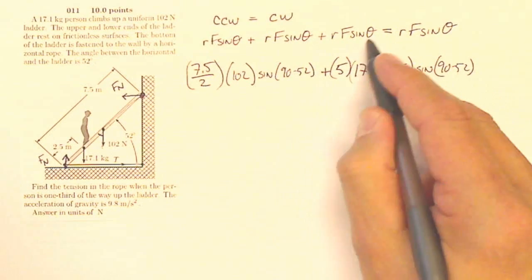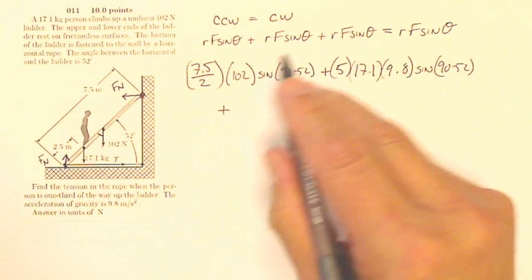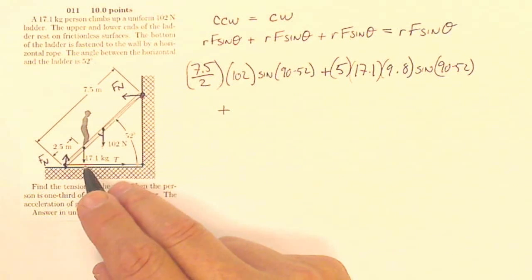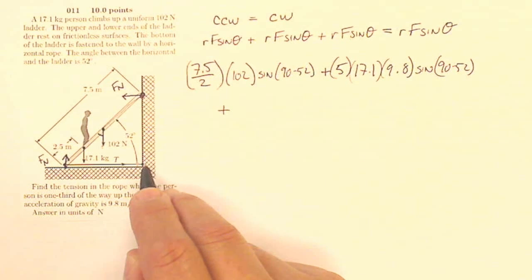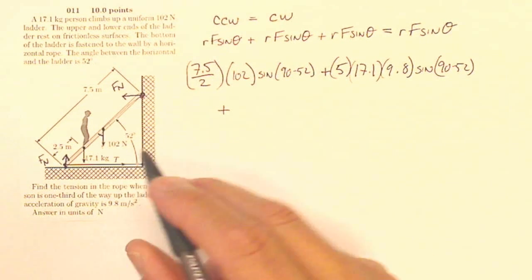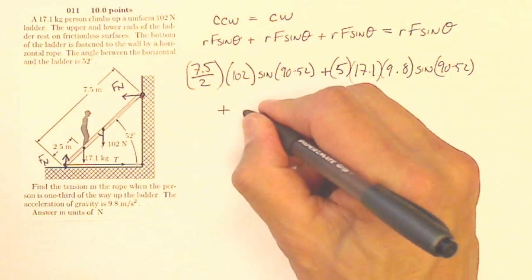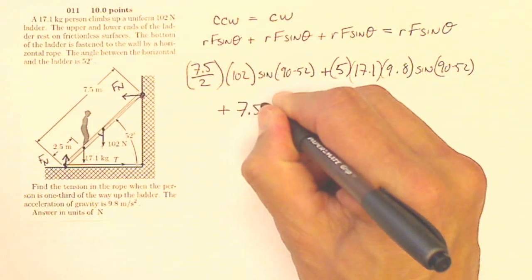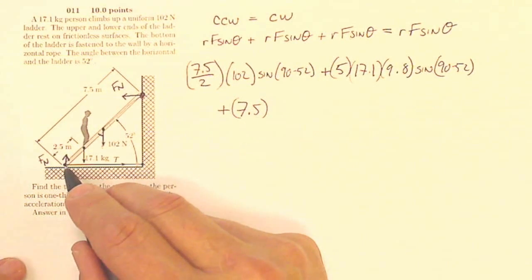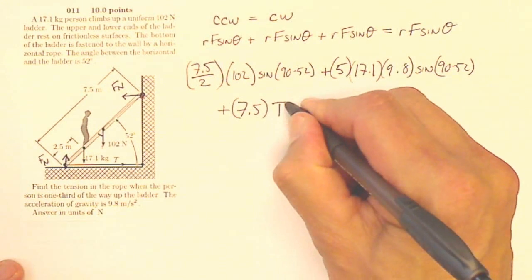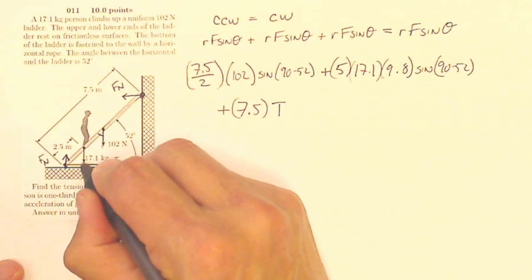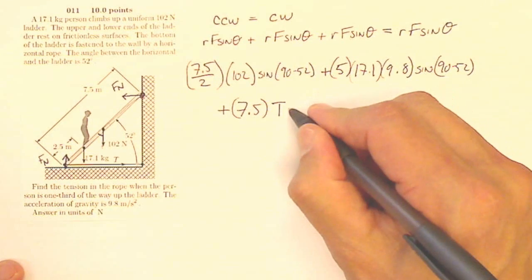To that one, I'm going to add this third one. So this is just a continuation. The third one is going to be the tension in the rope, also pulling along. So that's going to be, at the length of the ladder, 7.5 meters. The force is going to be T. And the theta I have there is 52 degrees.